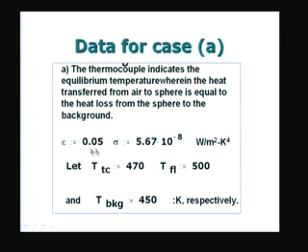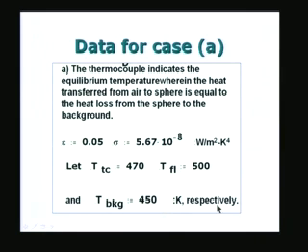Epsilon is 0.05, sigma is 5.67 times 10 to the power minus 8, which is the Stefan-Boltzmann constant. The thermocouple temperature we do not know, we have not been given the temperature indicated by the sensor. In this case, the sensor temperature is to be determined. I will say T_tc equal to 470 as a starting point. Then the fluid temperature is 500 and the background temperature is 450.